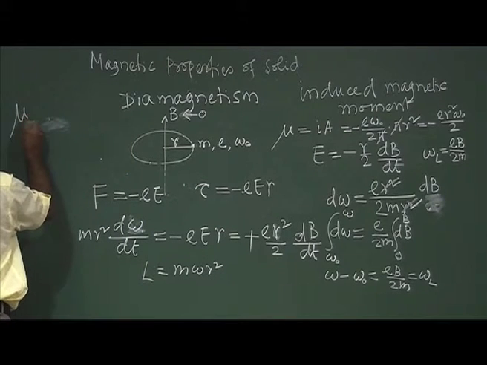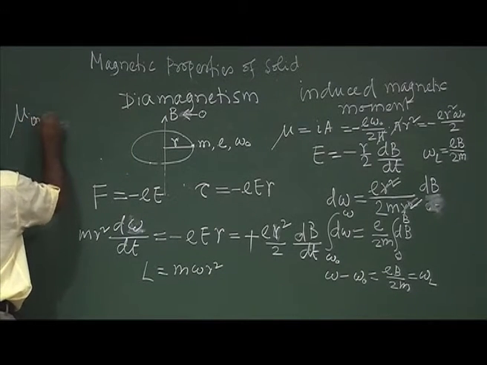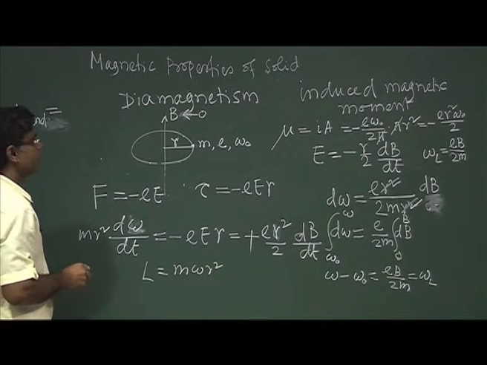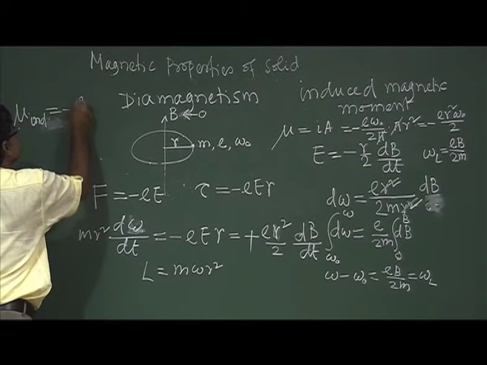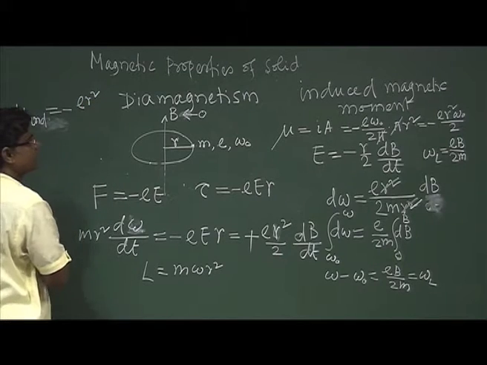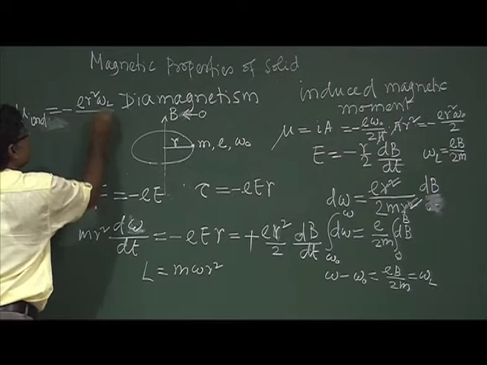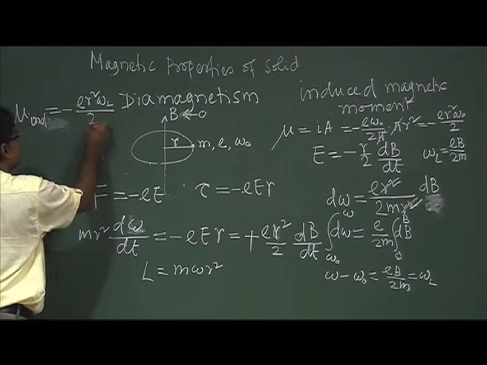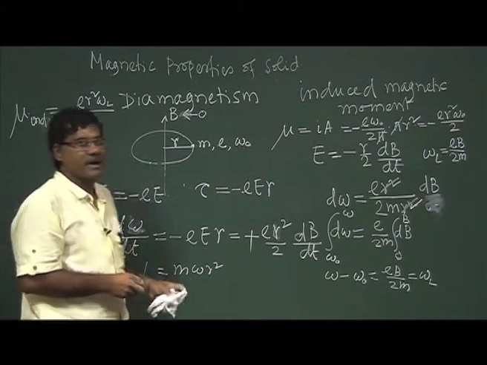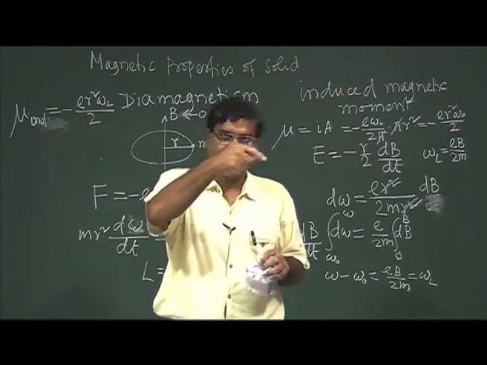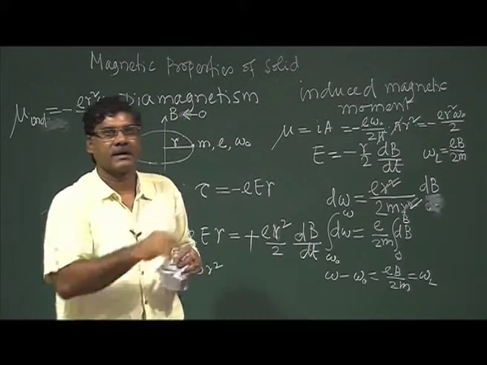So now I am writing the induced magnetic moment equal to minus e r square omega L by 2. This is the induced magnetic moment in the orbital motion of this electron.